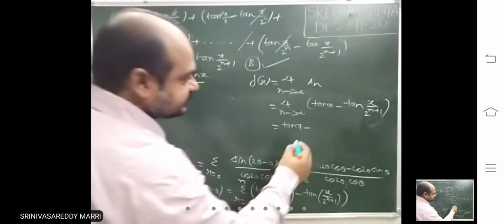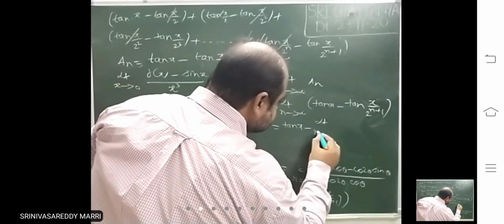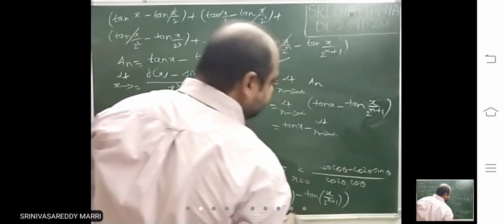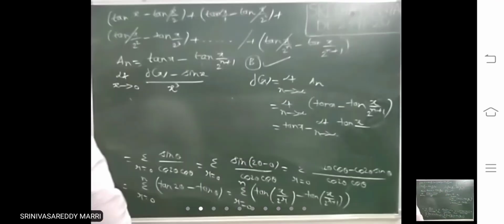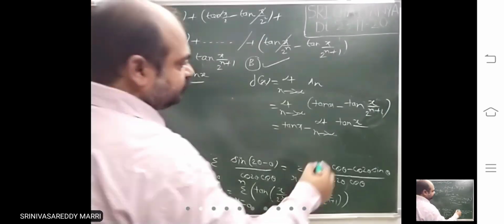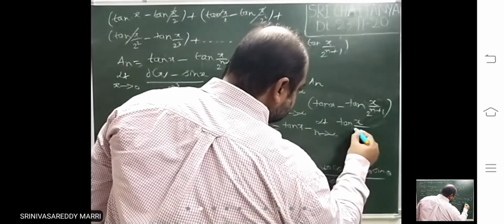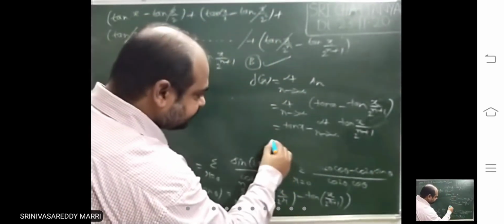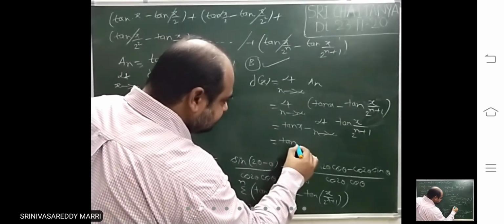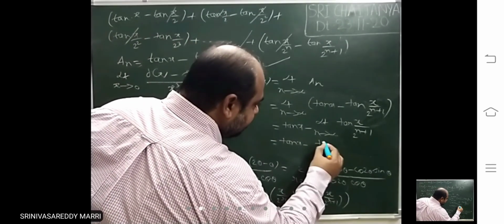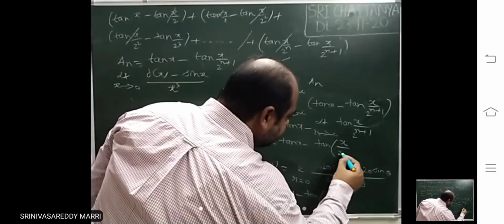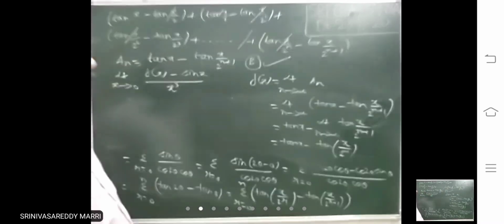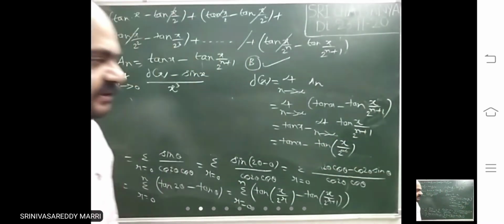that means tan x minus limit n tends to infinity of tan of x by 2 power n plus 1. If you substitute infinity, 2 power infinity plus 1 means what?